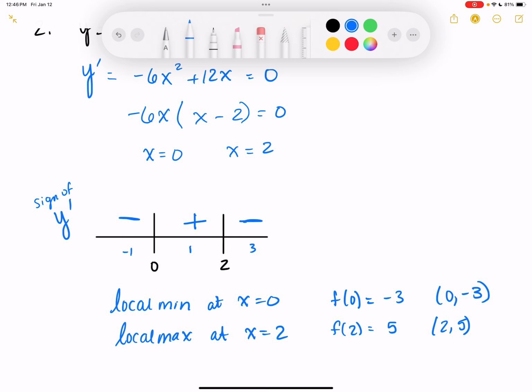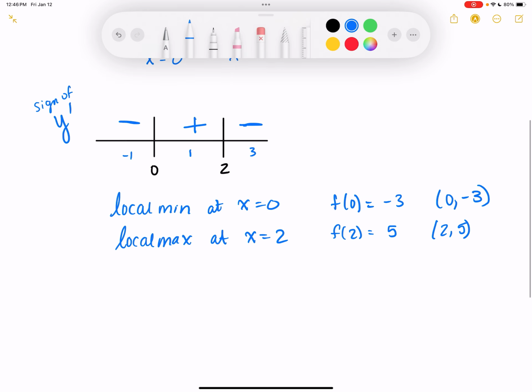We had a couple problems back in 5.1 that just said there was a min at x equals 0, but pretty much now you're always going to be doing the point. The only reason you won't need to is if it's a multiple choice question and it asks for an x equals value instead of a point. But if you have the option to write it as a point, write it as a point.